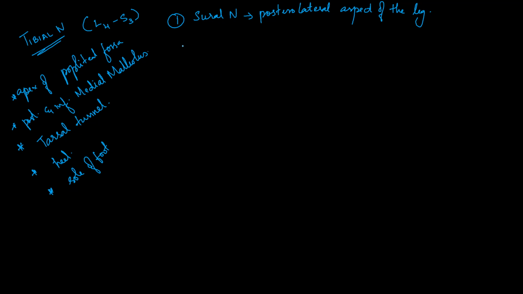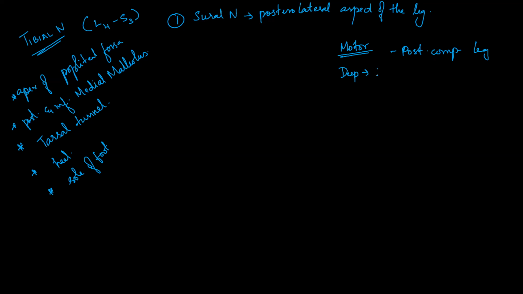Now we'll go to the motor functions of the tibial nerve. The tibial nerve innervates all of the posterior compartment of the leg. We'll deal with the deep muscles first, then the superficial ones.